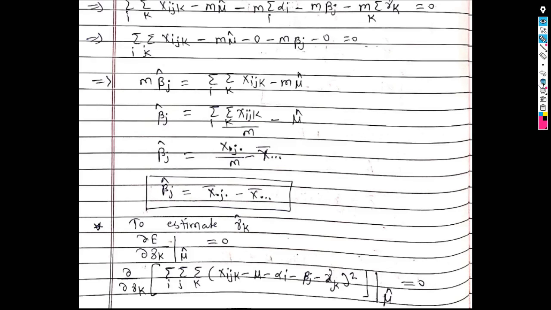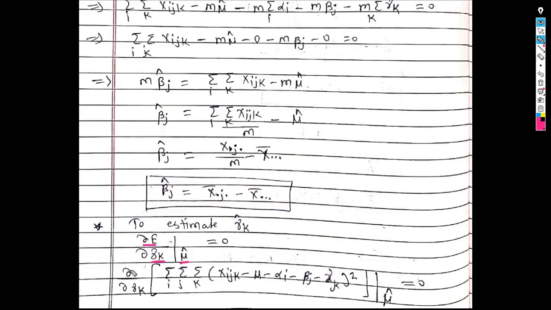So in this way we get the estimate for beta j. Now we will discuss the estimate for gamma k, that is the kth treatment effect. For that, let us consider the derivative of the error sum of squares with respect to gamma k, under the value of mu hat, equated to 0.